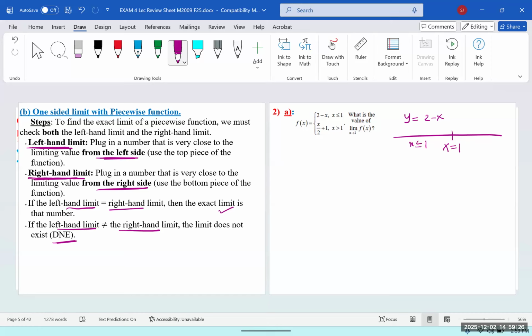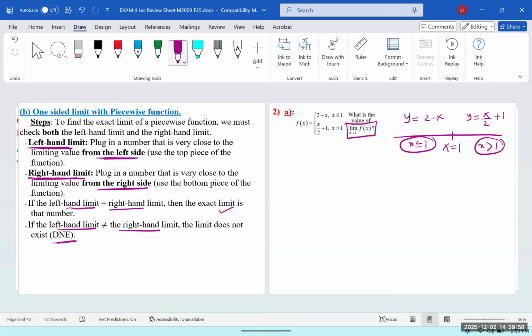And when x is bigger than 1, then there is another function, y equals half of x plus 1. So two functions on the same plane, and they want us to find what's the limit at 1, means what's the y value it's supposed to get for x equals 1.